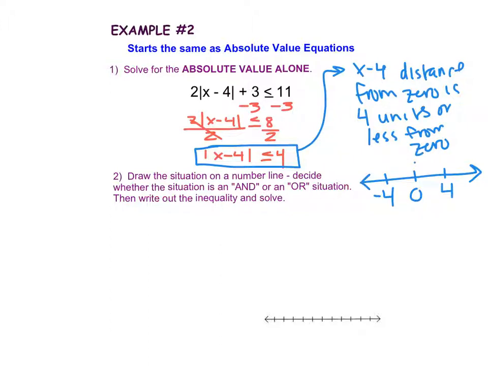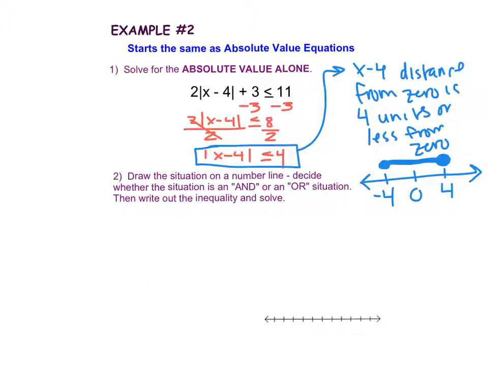If I start at 0, I can go all the way up to 4, and all of my numbers are 4 units or less from 0. So 0, 1, 2, 3, etc. I can then go all the way down to negative 4, and again, all of those numbers are 4 units or less from 0. So this line represents all of the numbers that are 4 units or less from 0.